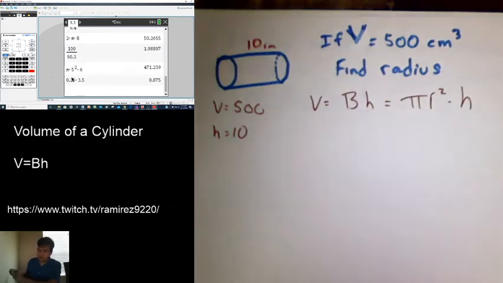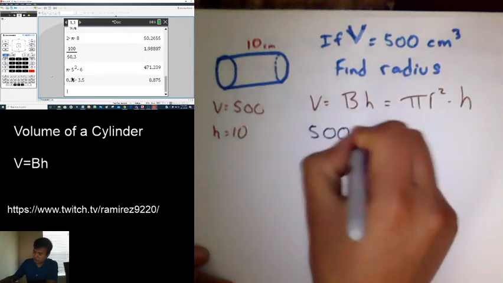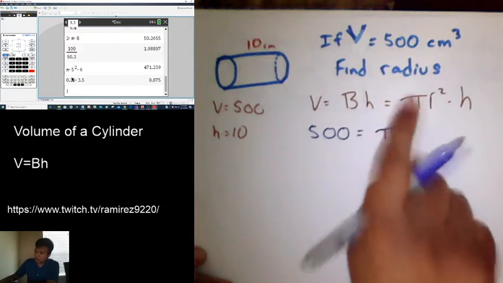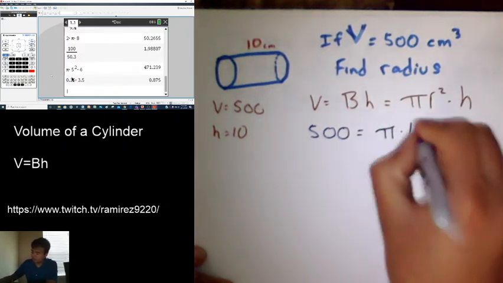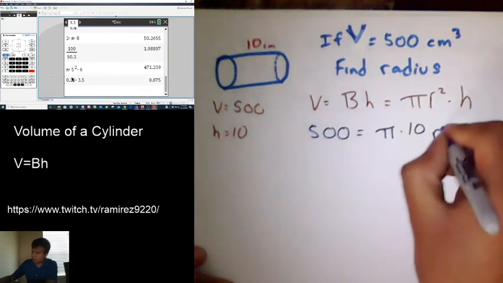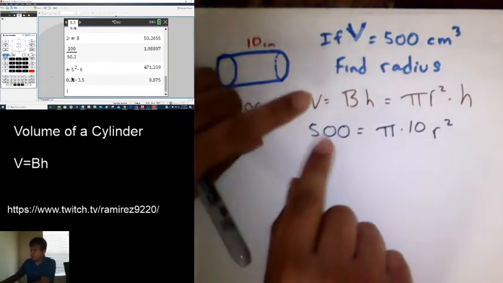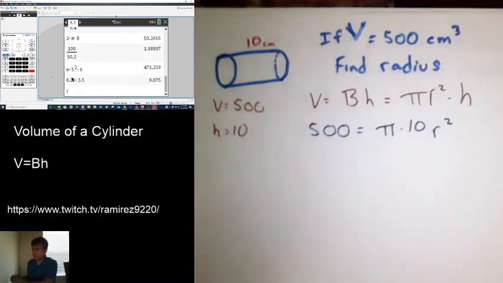We substitute all our known values. So 500 is equal to pi times 10 times my radius squared. Go back and check that everything's accounted for: the v, the pi, the h, and the r squared.